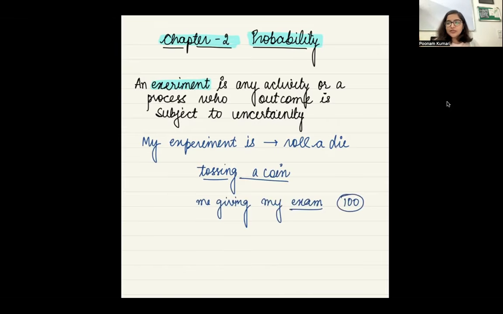Yes, because it can happen that I can get 0 marks, 1 mark, 2 marks. If the teacher gives half marks, then 0.5 is also possible. 99.5 is also possible, 50.45 is also possible. So there are multiple possibilities of how many marks you can score in that particular exam, right? So all these are examples of experiments. So any activity or process whose outcome is subject to uncertainty, that is called an experiment.